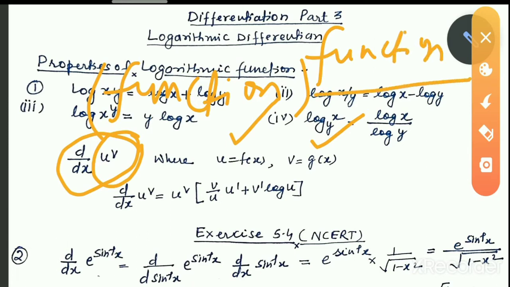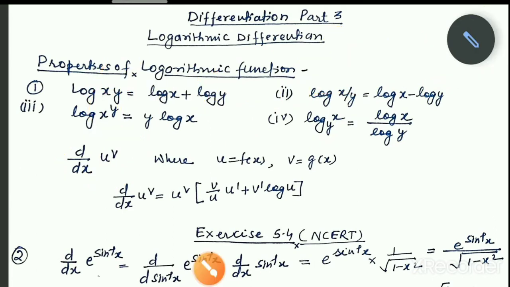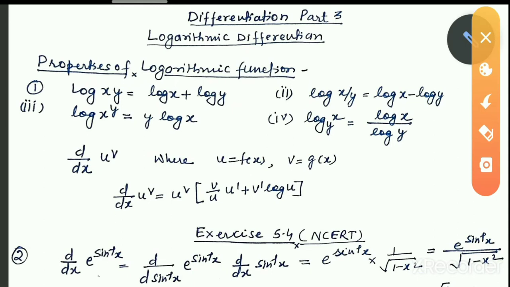It is very difficult to solve this using all the methods available till now. So we use logarithms to find the derivative of these types of questions. The formula is d by dx of u raised to the power v is equal to u raised to the power v times (v upon u times u dash plus v dash log of u). So you have to learn this formula.